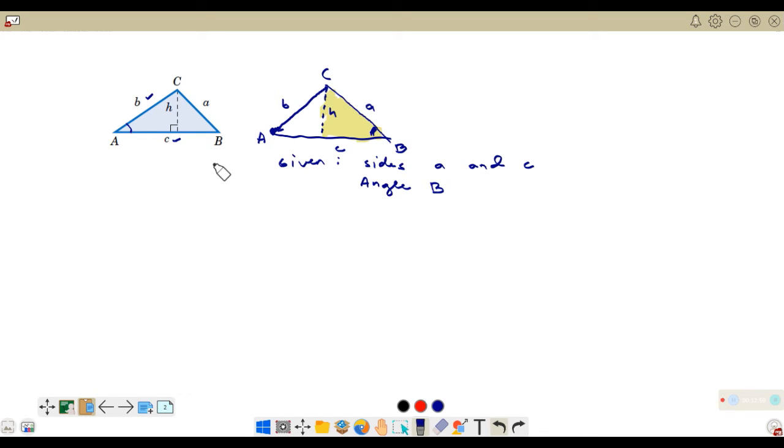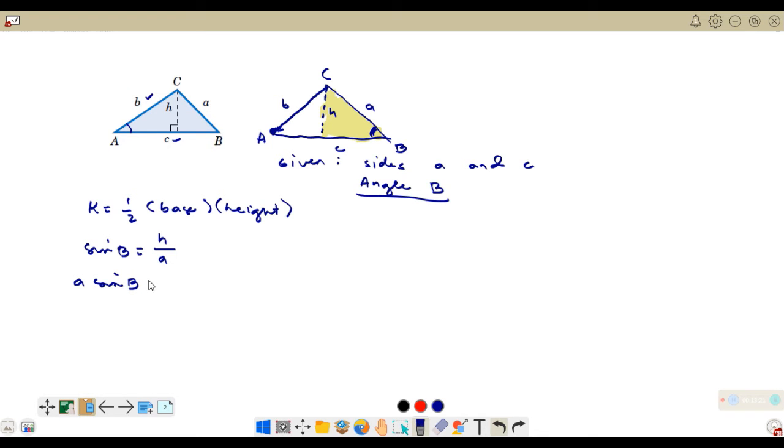Okay. So, again, K is equal to 1/2 base times height. So, ano ang measurement ni height? H. Hindi natin alam. So, i-derive natin siya using sin B kasi given si angle B. So, we have here sin B is equal to the opposite, which is H, over A, which will give us A sin B, which is equal to H. O, substitute na natin siya dito.